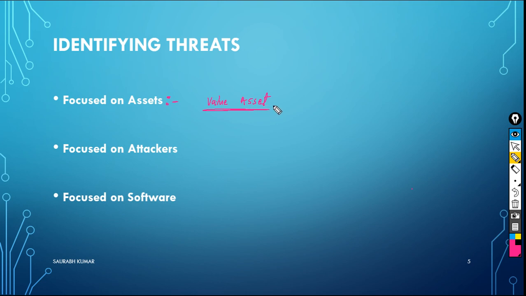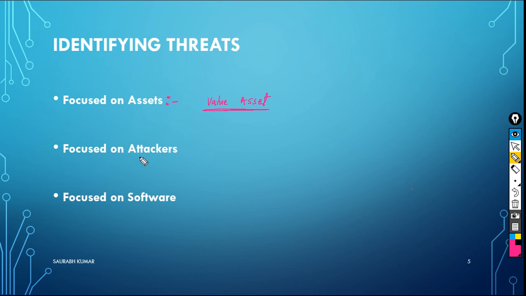Is it top secret? Is it confidential? Is it low secret? On that basis, you can focus on and identify the threats. Maybe your data asset has a very low value, then you can categorize the threats as low risk. When your asset has a very high value, you can categorize the threats as very high risk.